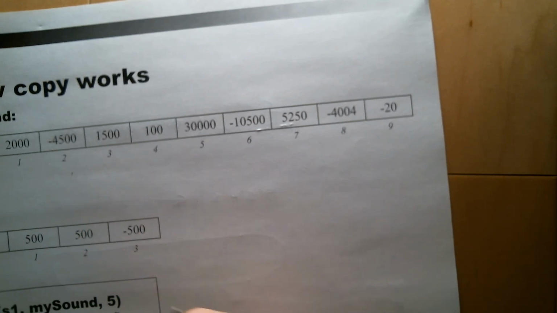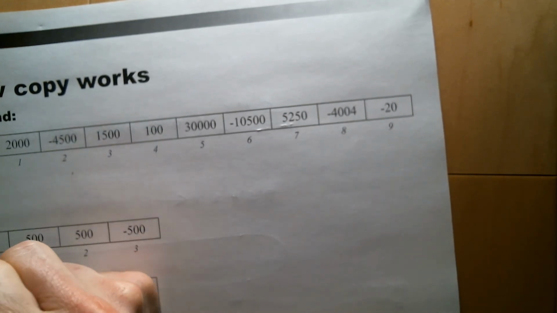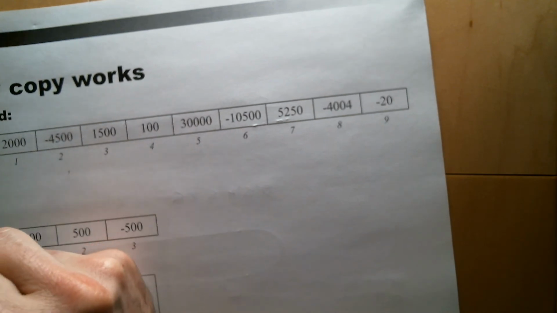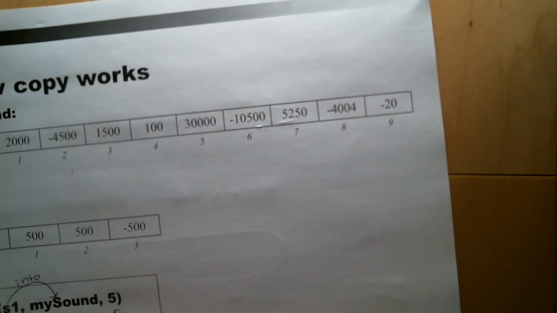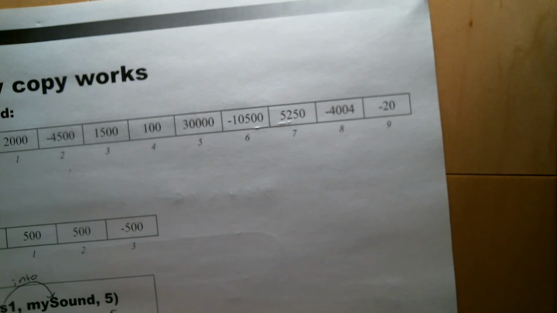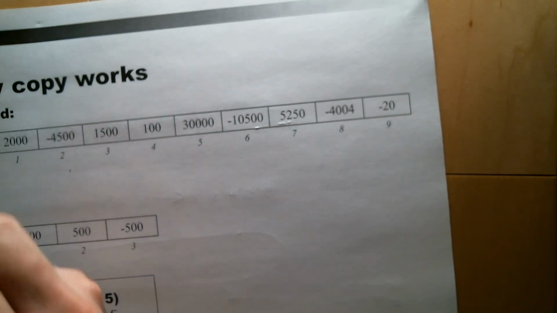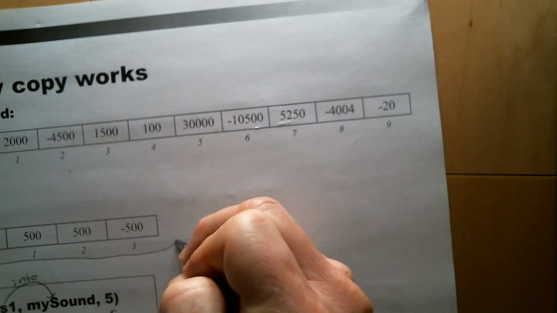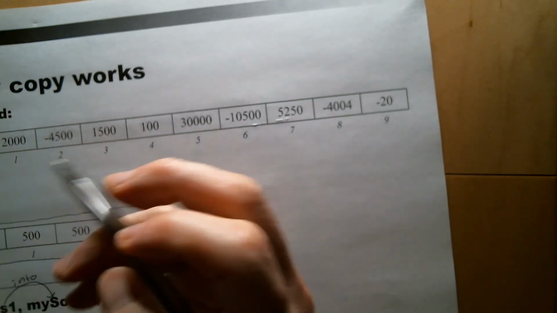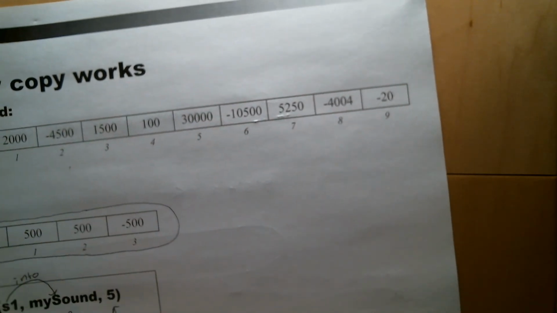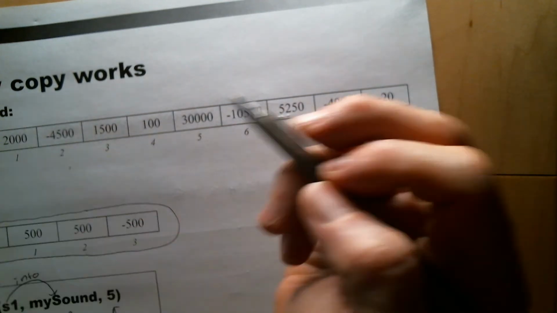So again, that means the source is going into the target. So in this case, we're copying S1, which is down here, into my sound, and we're starting at location 5.